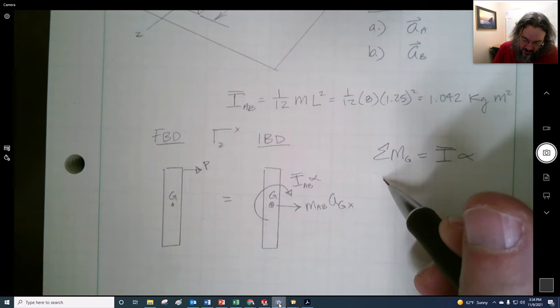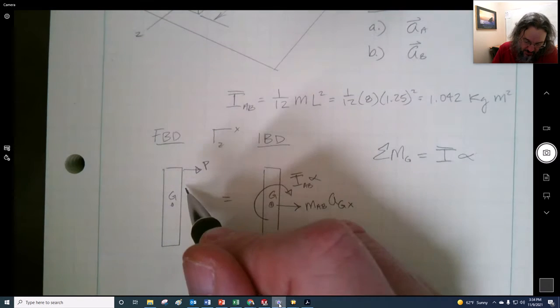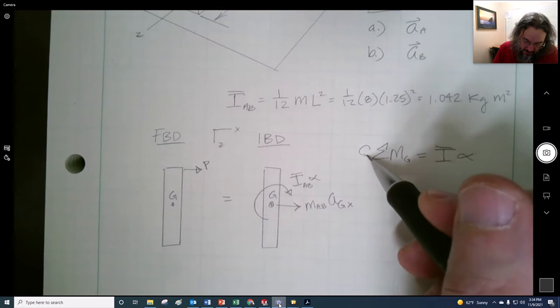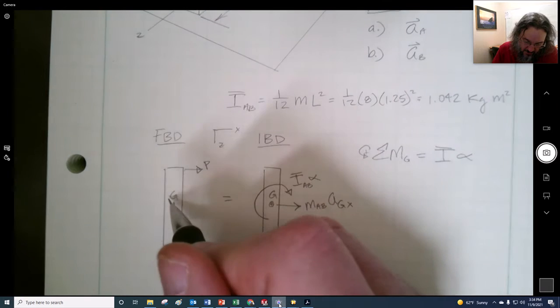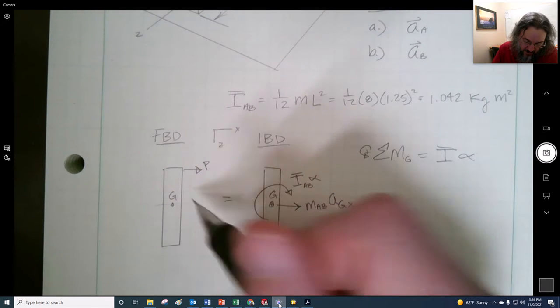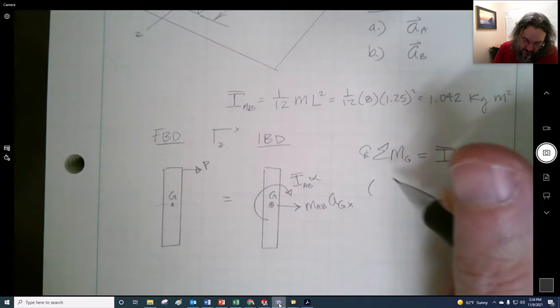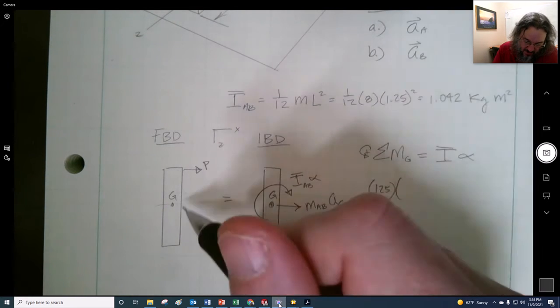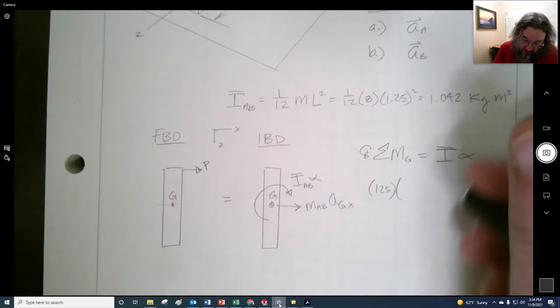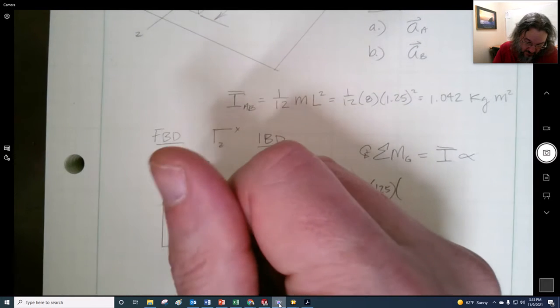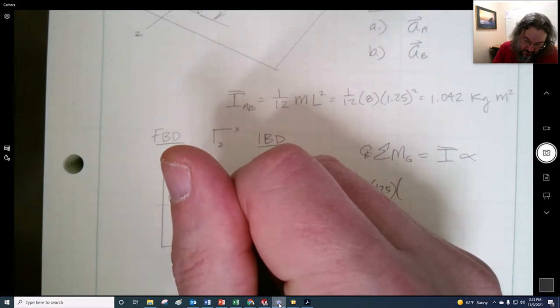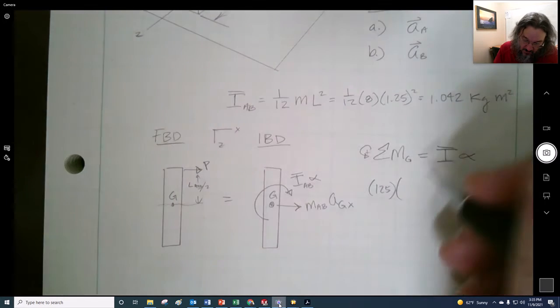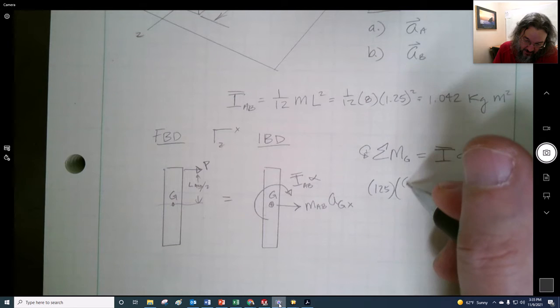The moments we're going to experience, with counterclockwise positive, is this force times that distance. So that's 125 times the length over 2, L AB over 2, so 1.25 divided by 2.